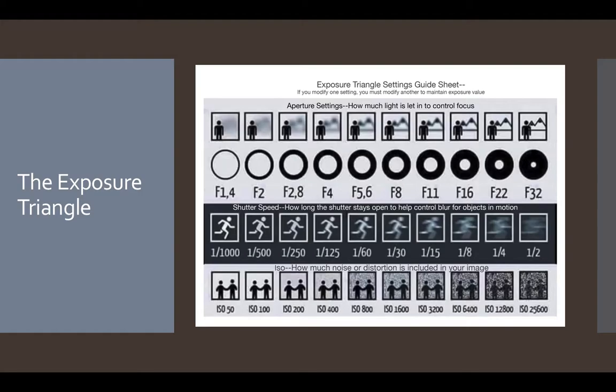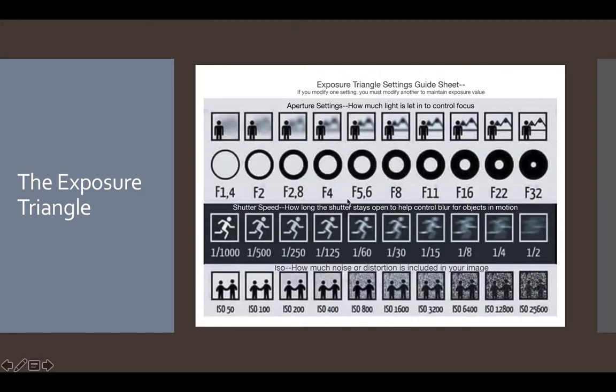So if you look at the bottom section, that's the ISO. This is not something that we are really going to work on controlling because the camera does a much better job of deciding which ISO number to use when it's taking your images. Basically what the ISO does is it controls how much noise or distortion is included in your image.